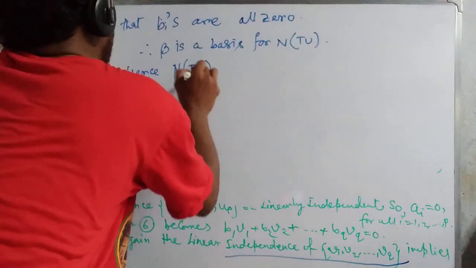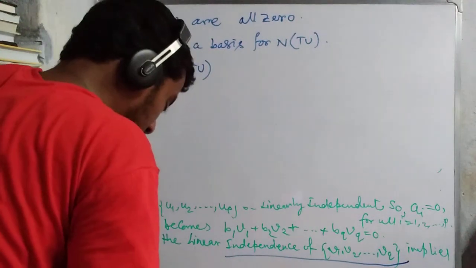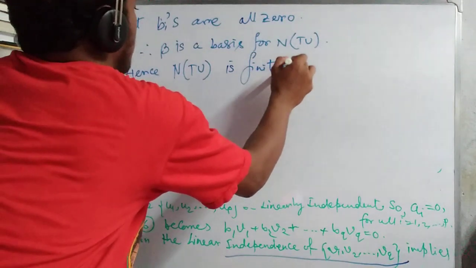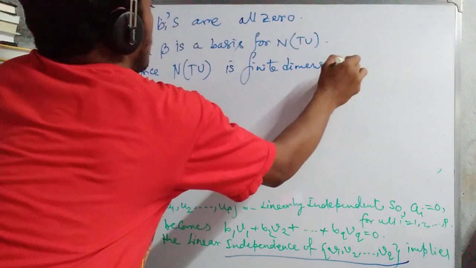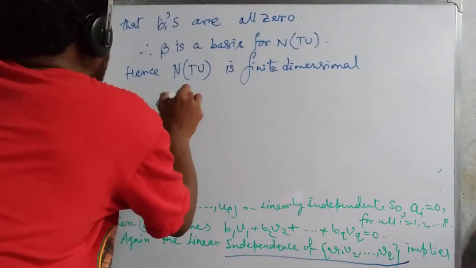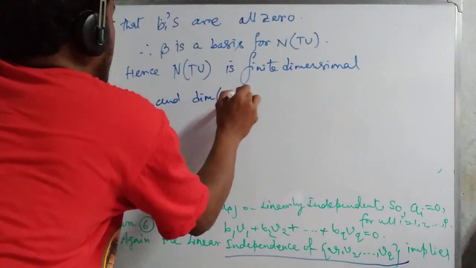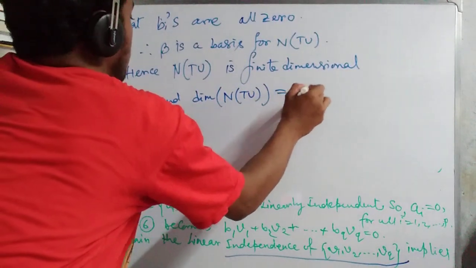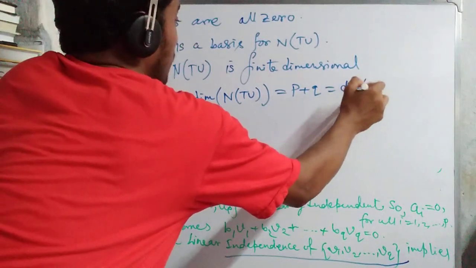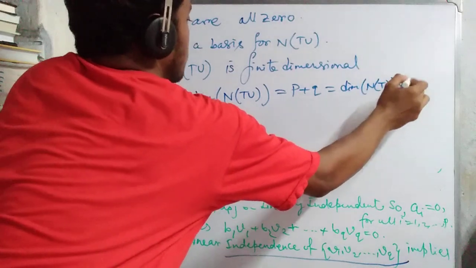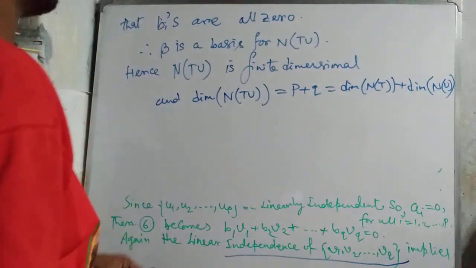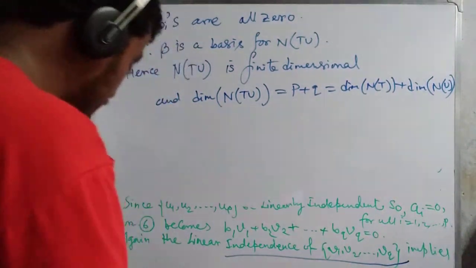Hence the null space of TU is finite dimensional, and the dimension of N of TU equals p plus q, which equals the dimension of N of T plus the dimension of N of U. Not a problem at all.